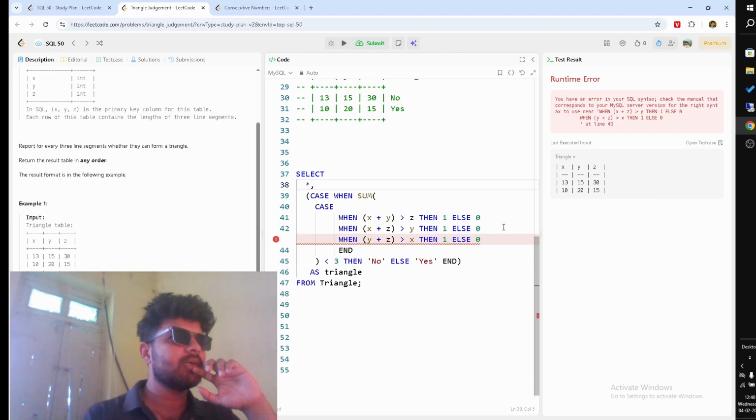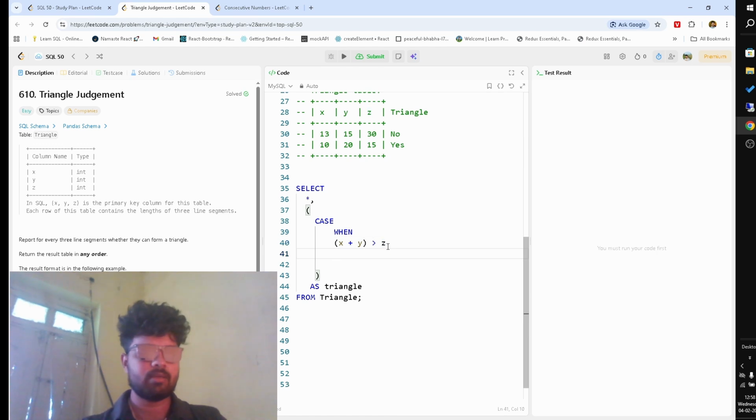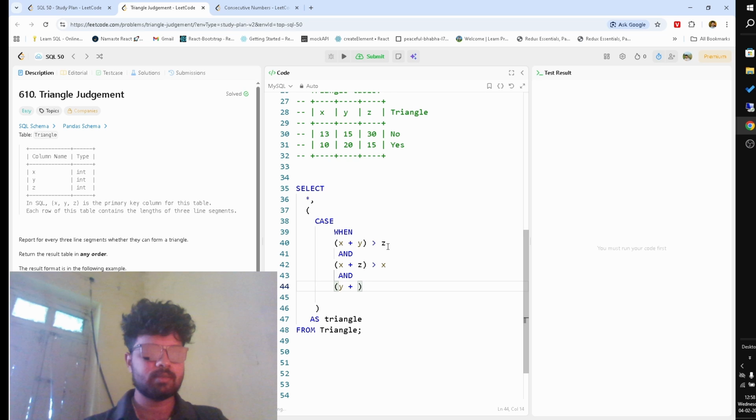Making some error, but where? I will fix it like this: first side plus third side, sum of third side is greater than first side, and one more thing here, y plus z is greater than x.